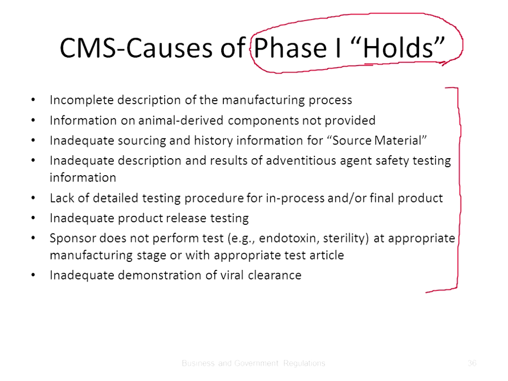Okay, so incomplete description of the manufacturing process is commonly used by the FDA to put things on hold. Information on animal-derived components not provided. So this is basically lessons learned from the past.